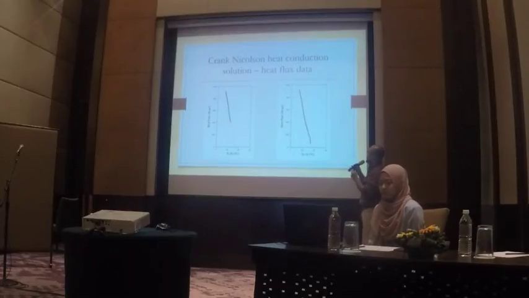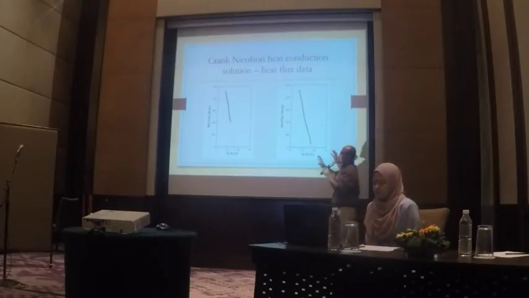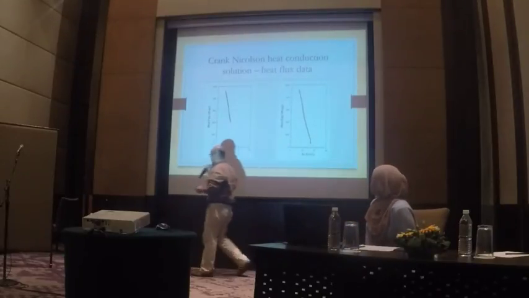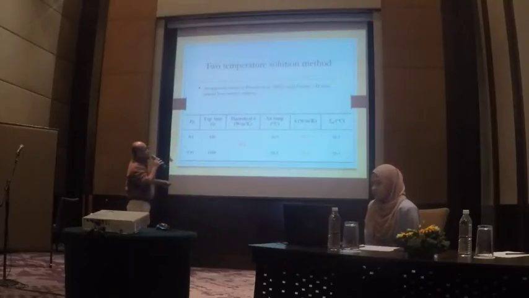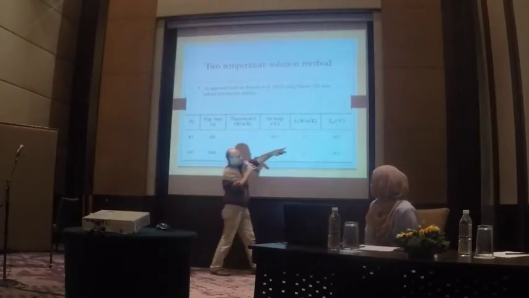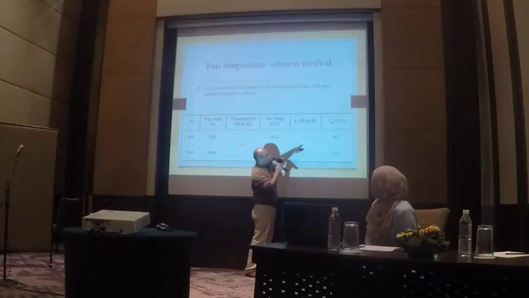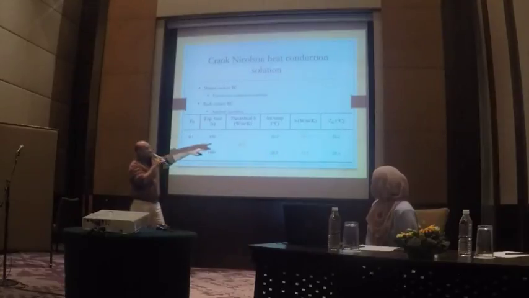The reason is that the boundary condition used for the Crank-Nicolson solution is not meant for Fourier number 0.95. But for Fourier number 0.1, the result is quite similar to the typical one-dimensional semi-infinite heat transfer solution, 95.5 and 95.6.